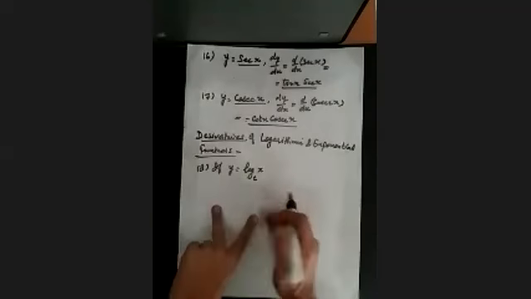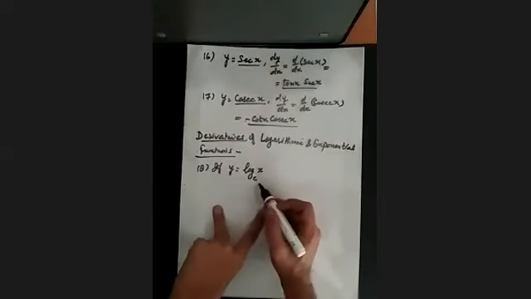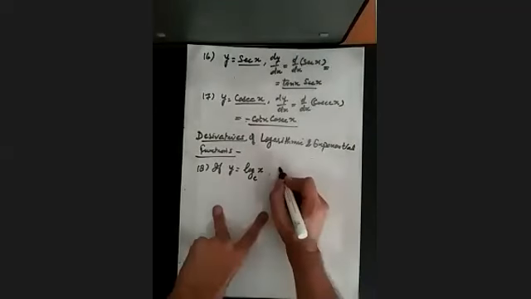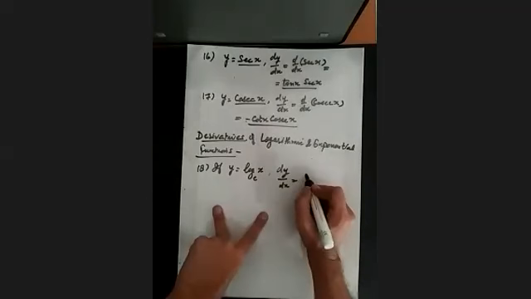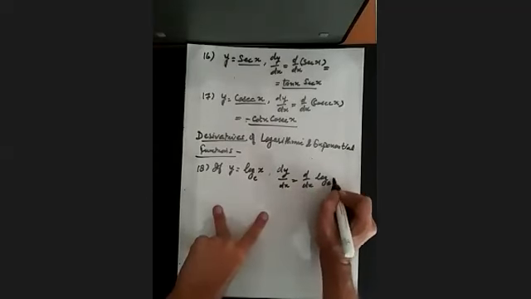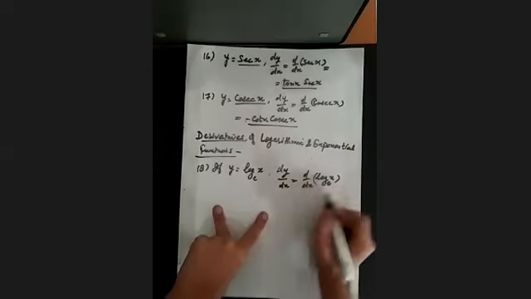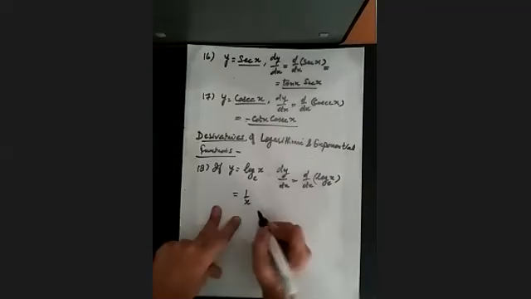So wherever you see y is equal to log x and its base is e, that is Euler number, then dy by dx will be d/dx of log x to the base e, and its value is 1 upon x.